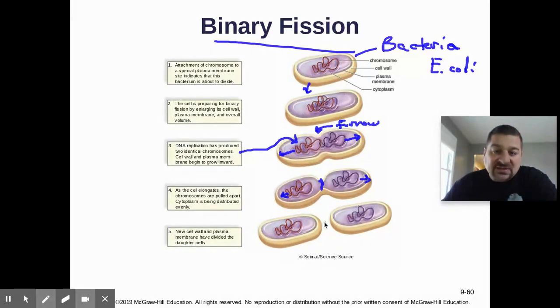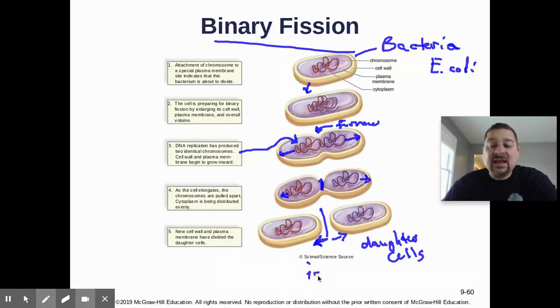And once they're at opposite ends and you have enough cell wall and cell membrane built, boop, it will pop into two identical daughter cells that are genetically identical to the parent cell.